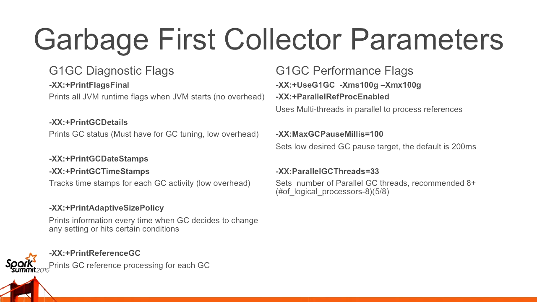On the right side, we have the performance flags. Use G1GC and the heap size, and we always enable parallel reference processing because it's good to speed up the process. And then you have this soft goal called the max GC milliseconds.